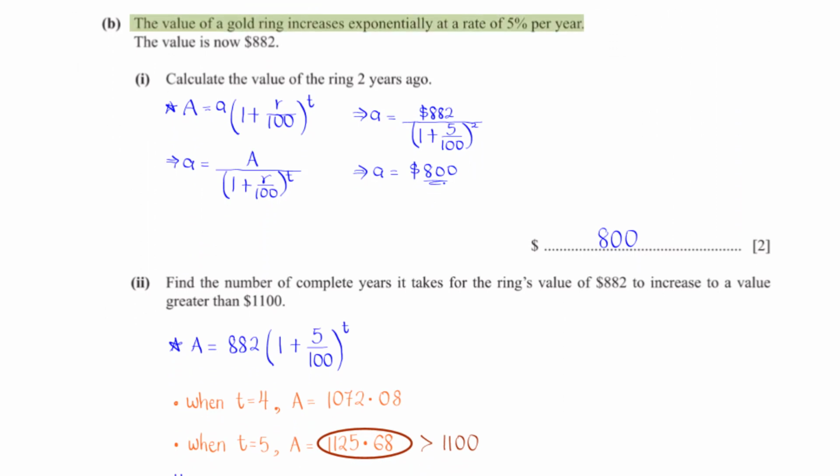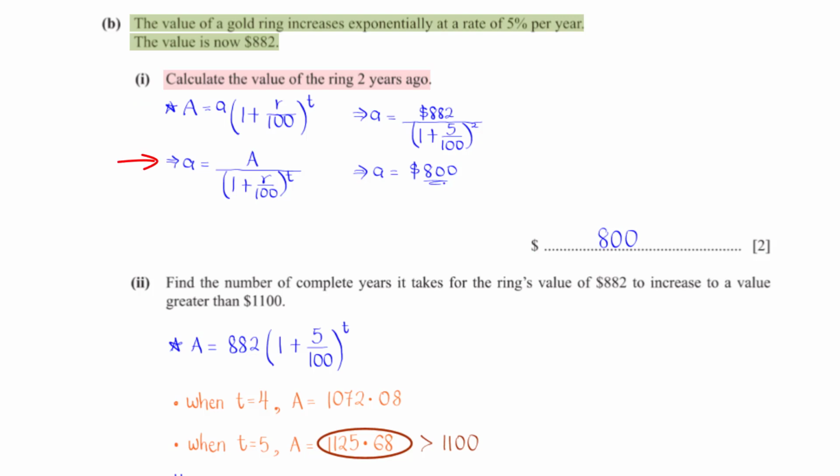The value of a gold ring increases exponentially at a rate of 5% per year. The value is now $882. Calculate the value of the ring 2 years ago. We need to apply the compound interest formula in this case as well. We are asked to find the initial value of the ring, which is represented by small a, and so we need to make it the subject of the equation.